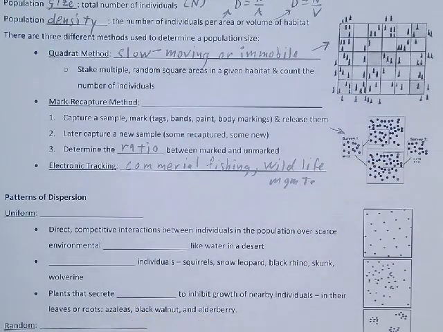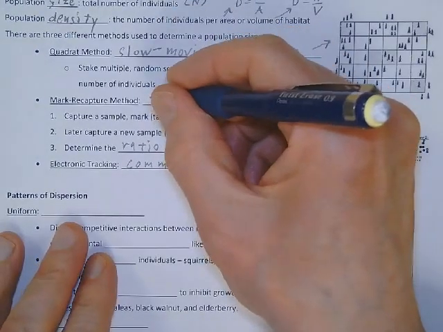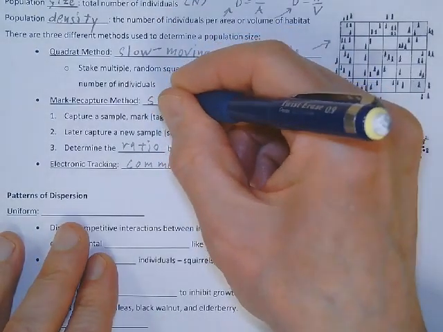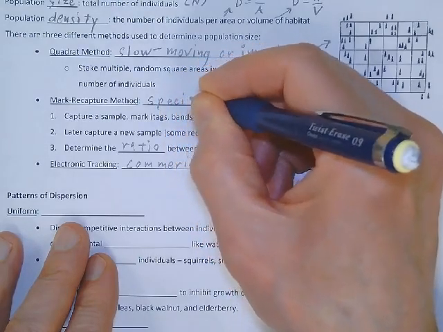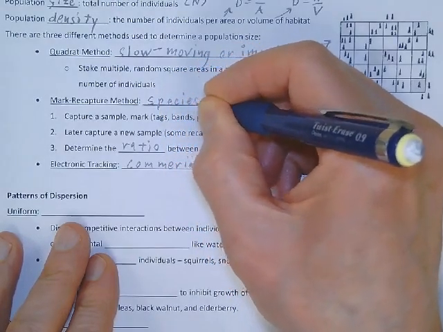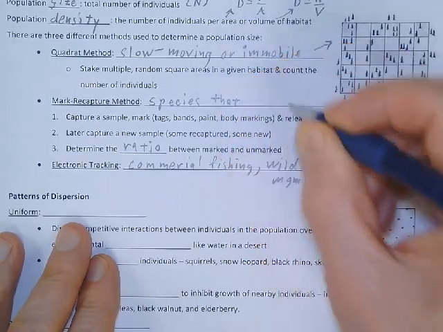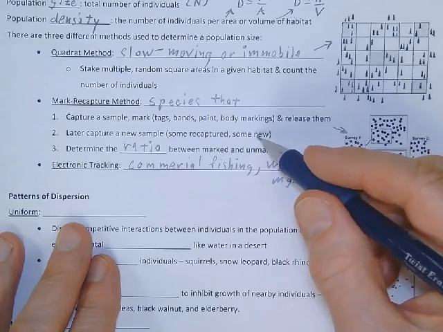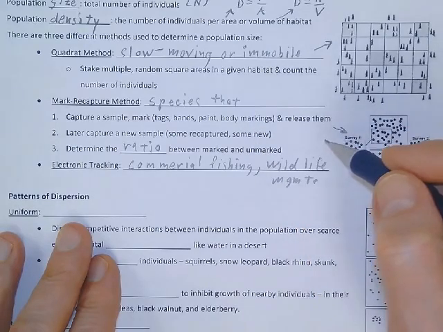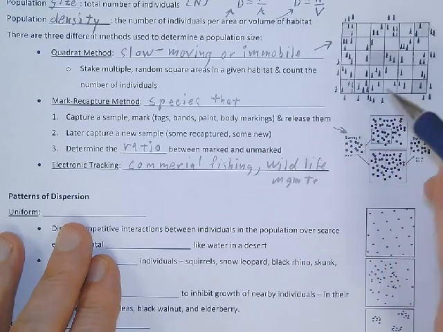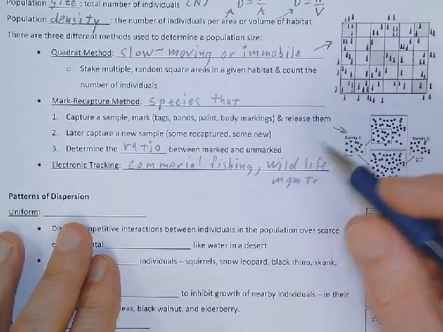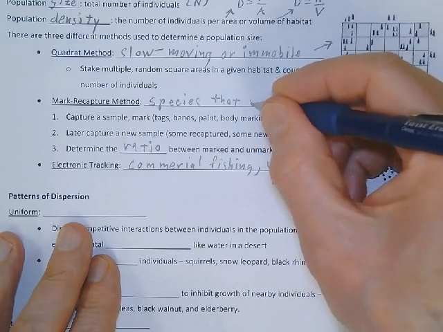This is sort of like mark and recapture, but it's a lot more precise than taking snapshots. We can see what's going on at any one time. And when I say snapshot, what I'm saying with mark and recapture, if you only do the mark and recapture once a year, that's kind of like taking pictures instead of like taking a movie with electronic tracking.